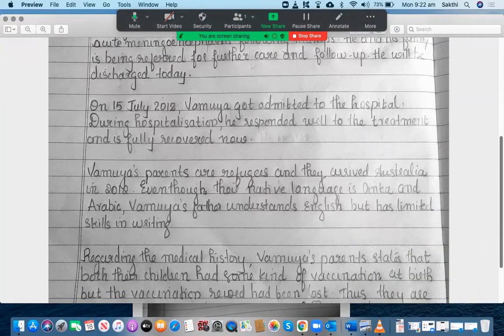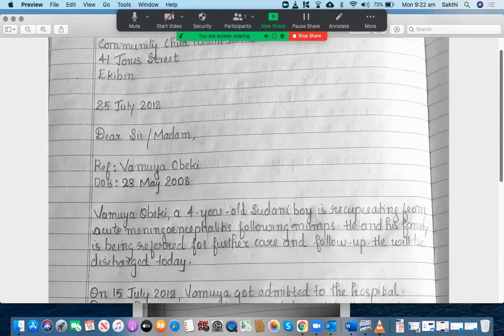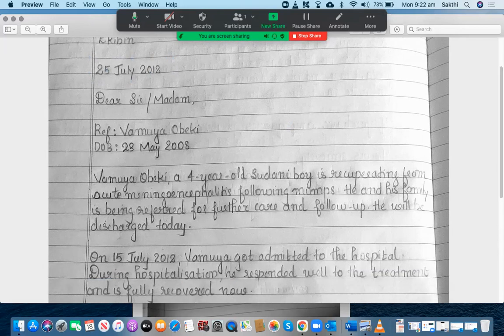Let's go to the next one. On 15 July 2018, Vamuya Obeki. So let's go through this. When we have used the same year, whatever events are occurring shouldn't have to be represented with the year.